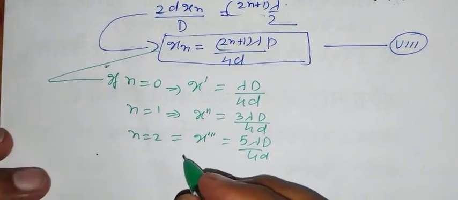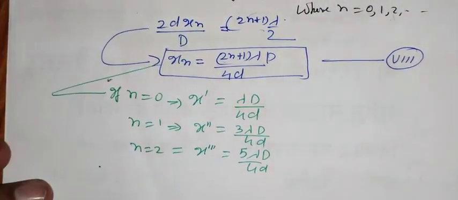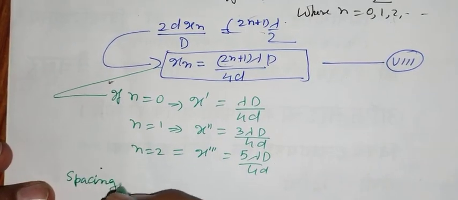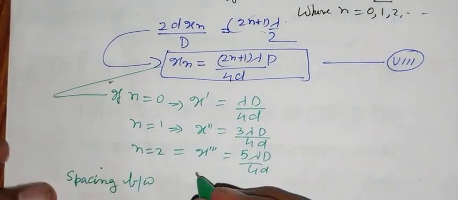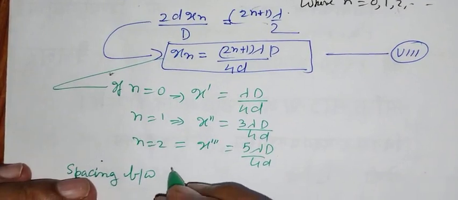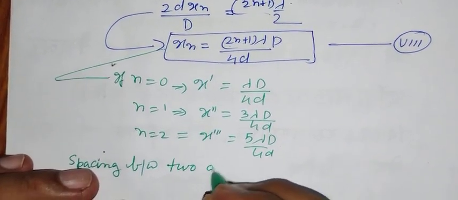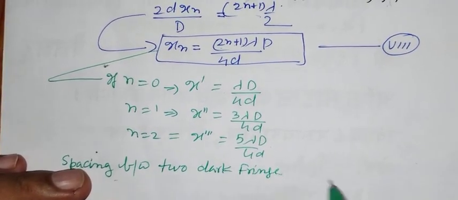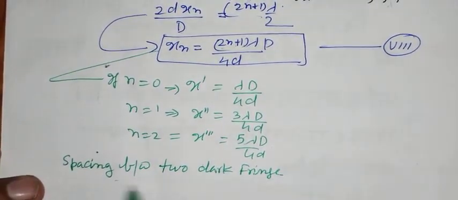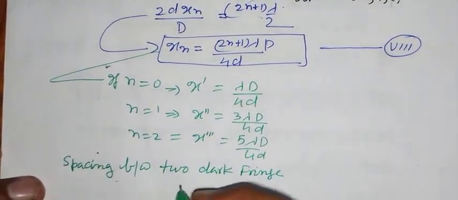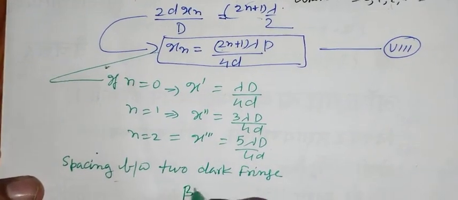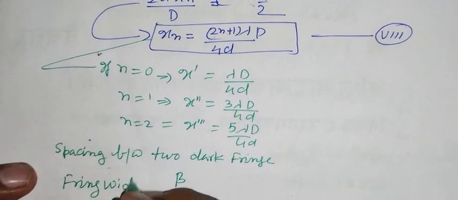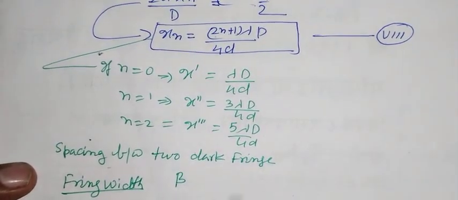Now we are going to see the spacing between two dark fringes. Between two dark fringes there is a bright fringe, and their spacing is known as fringe width.